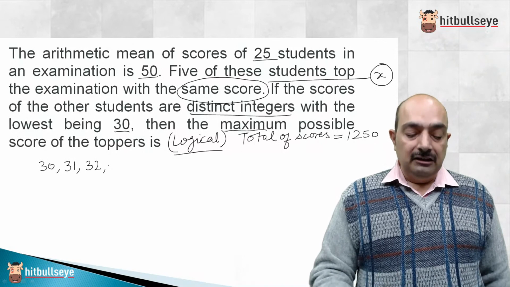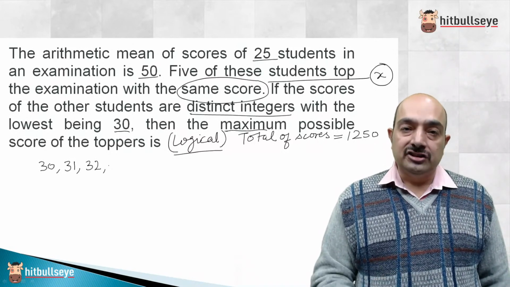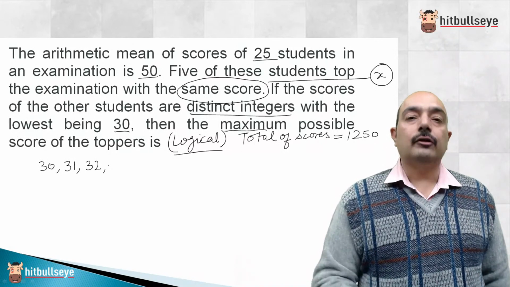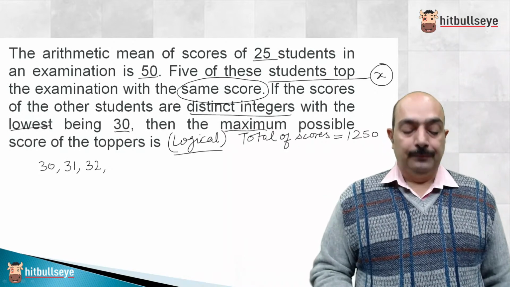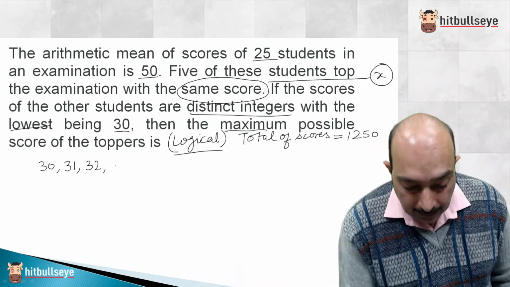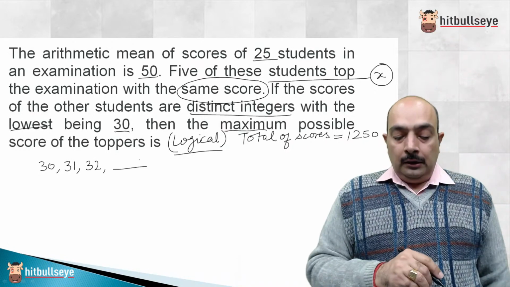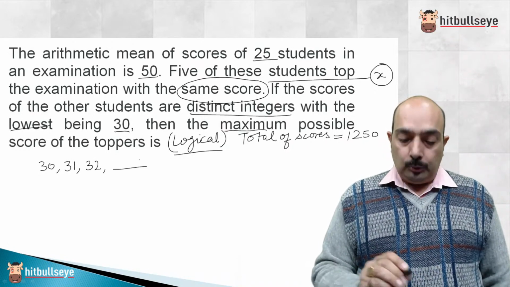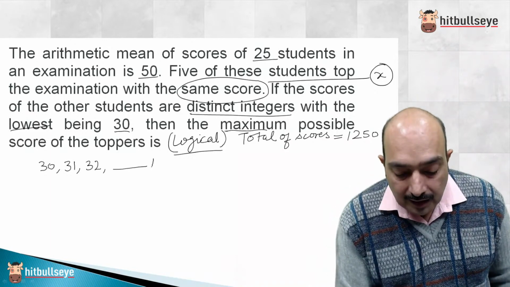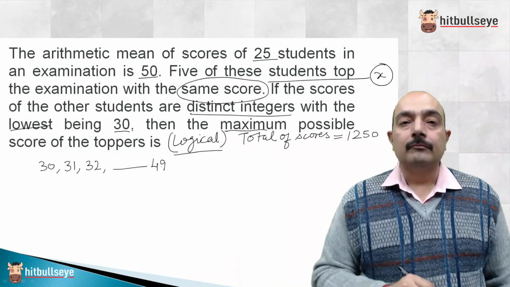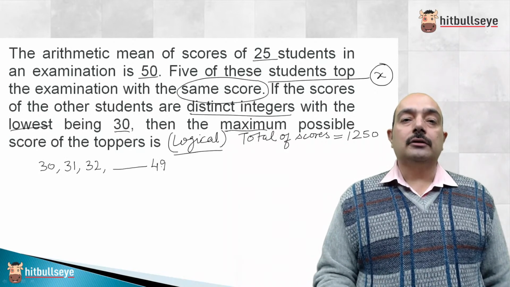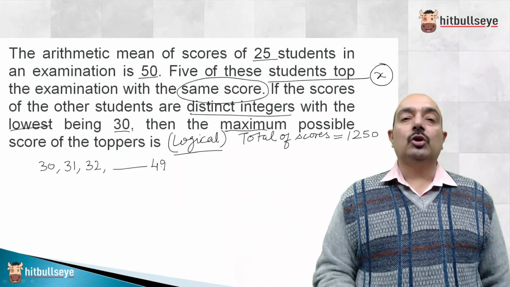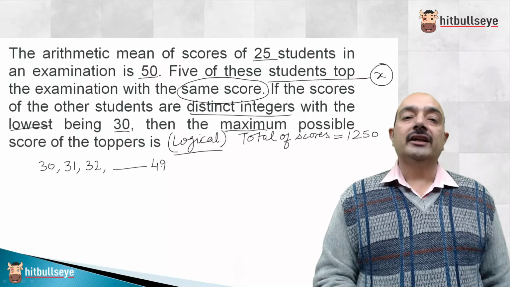That is the reason we need to take the consecutive ones only, which start from 30, because it's mentioned lowest 30. They need to be 20 in number, which means the last number would be 49. From 30 onwards, you count till 20 numbers, so your last number would be 49.